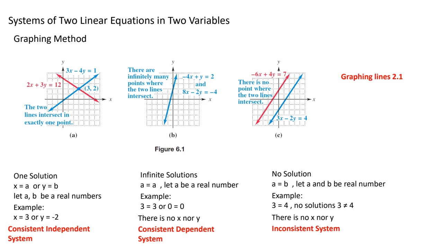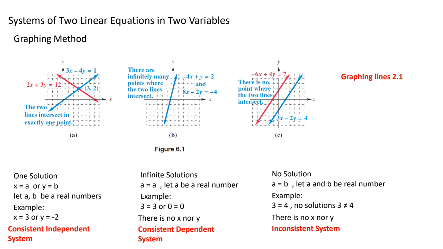In this example, we can easily see what that point is because it intersects at an exact placement: 3, 2. The only bad thing about solving linear systems graphically is that sometimes the points are not that easy to see, and the best way to get them is algebraically.